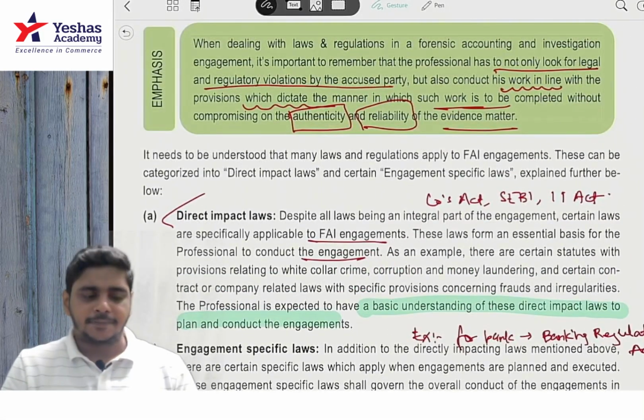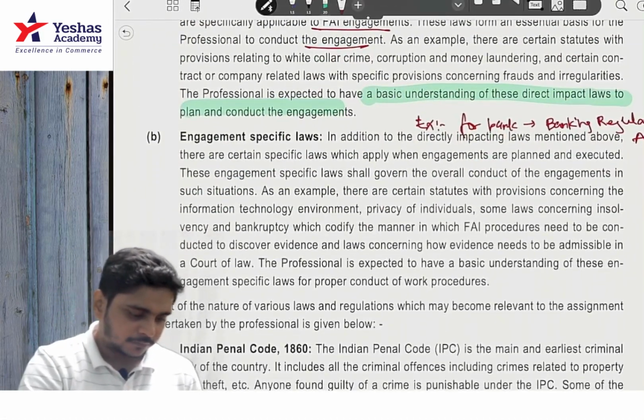Understood? Direct impact laws and engagement specific laws.